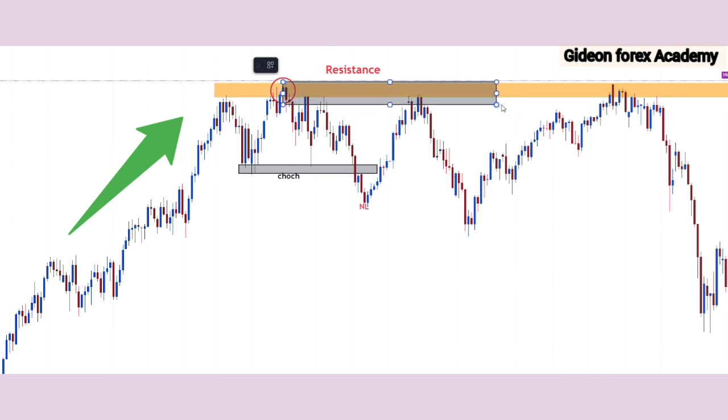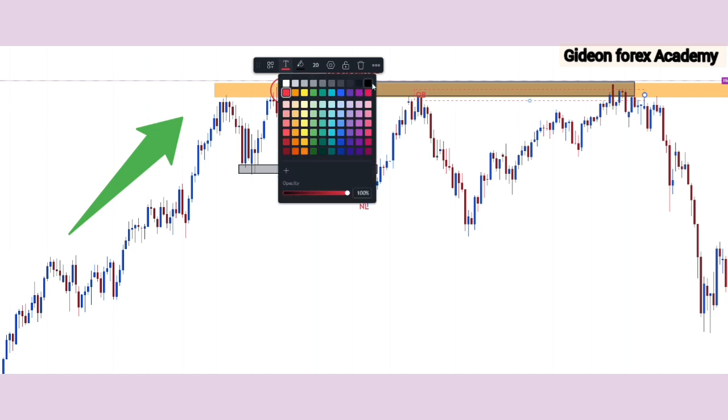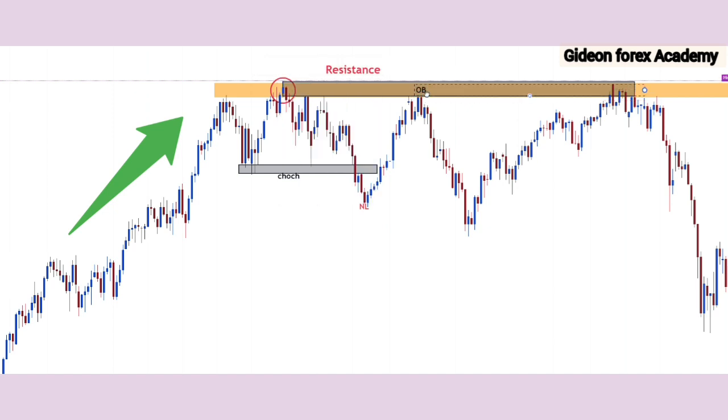This candle here, I'll extend it all the way. So this area here is our order block. Our order block would be that area, stretched all the way.